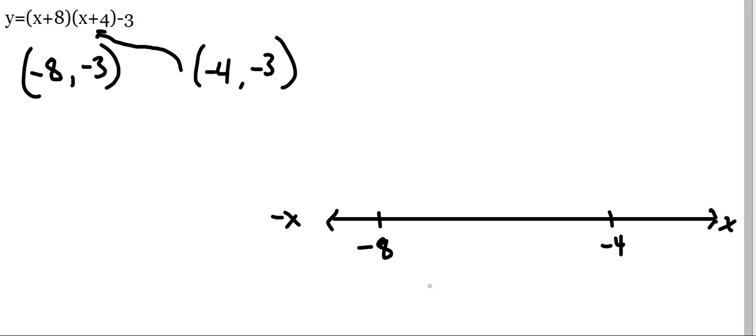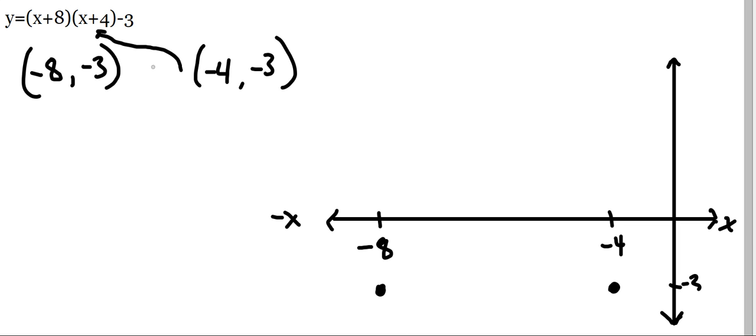Oh, and the graph's at negative 3. Let's just put a little y-axis at 0 somewhere here, not to scale. That's when x equals 0. So at negative 4, the graph is at negative 3. And the graph at negative 8 is at negative 3.